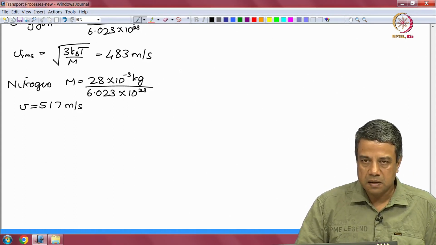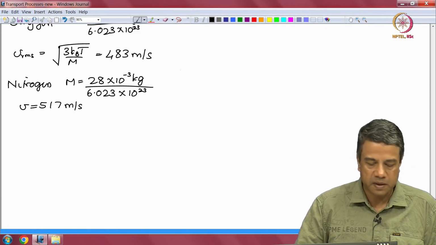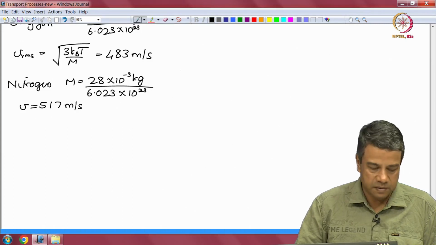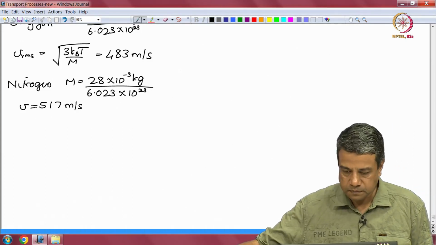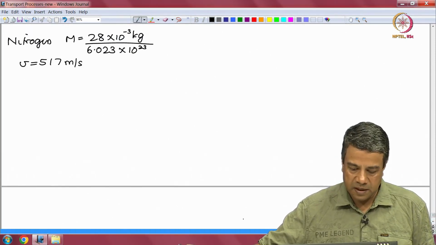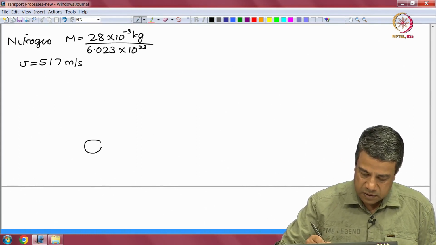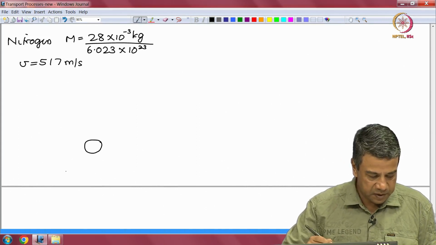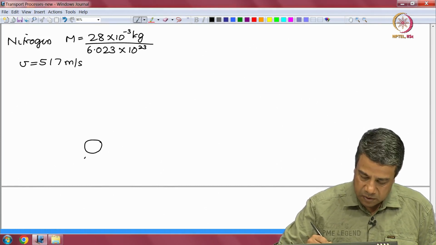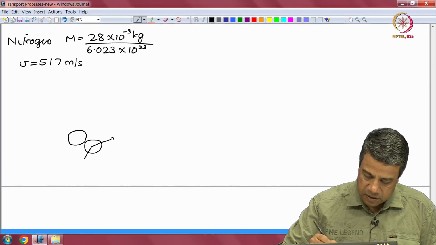The second parameter that we need to calculate here is the mean free path. So, how do we calculate the mean free path? If we take a gas and focus on one particular molecule, it may undergo a collision with another molecule and change its velocity.